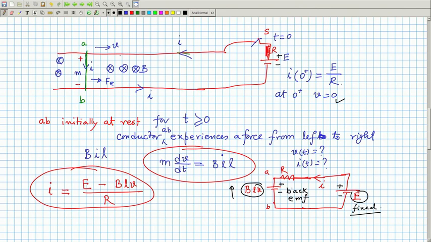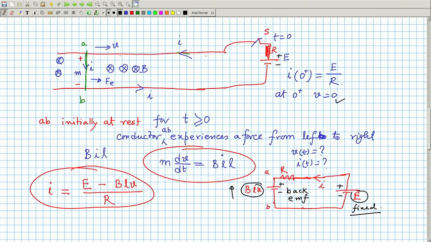And then what happens? Then no torque and no force on this conductor, BIL, as I vanishes. Therefore, the conductor will attain a certain final velocity which will make this voltage the same as this voltage, and after that there is no further acceleration, and the current will be 0.